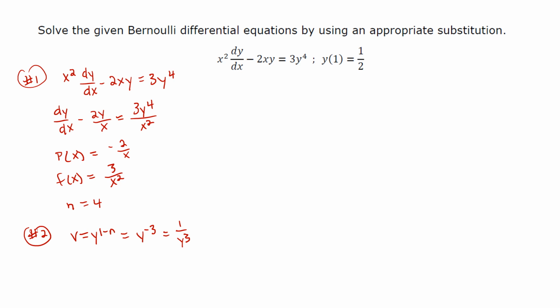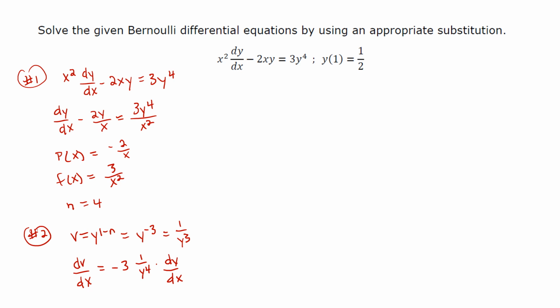When we differentiate both sides of our substitution, we'll have dv over dx, which equals negative 3 times 1 over y to the 4th times dy dx.